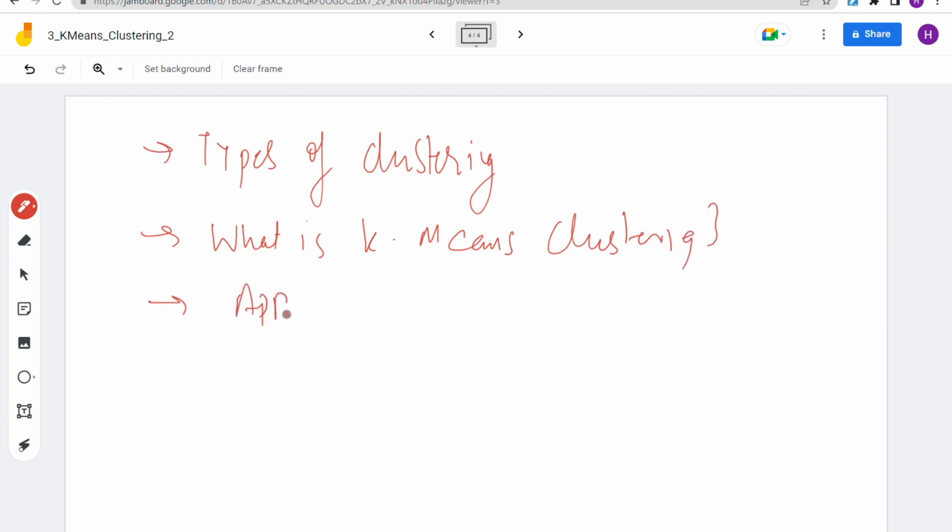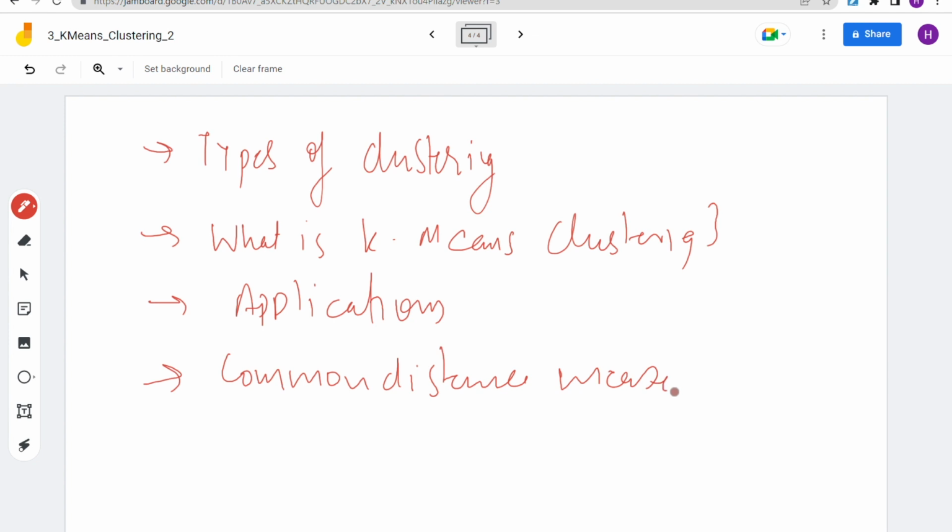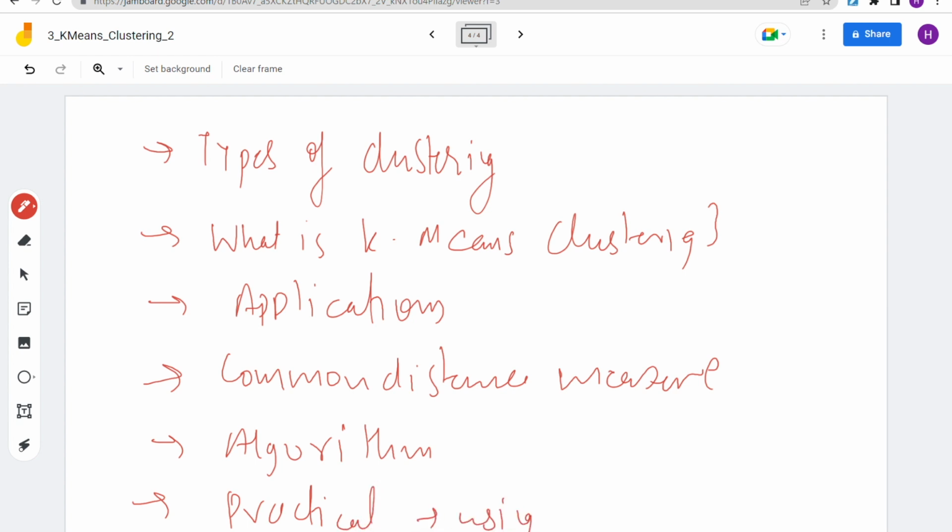Next we'll look at applications, then the common distance measures, and after that the algorithm, and finally we'll be doing a practical using Python. So these are all the steps we will be following during the learning process.